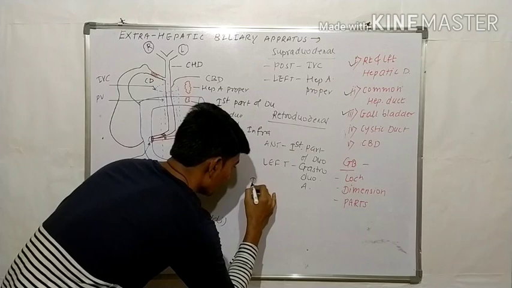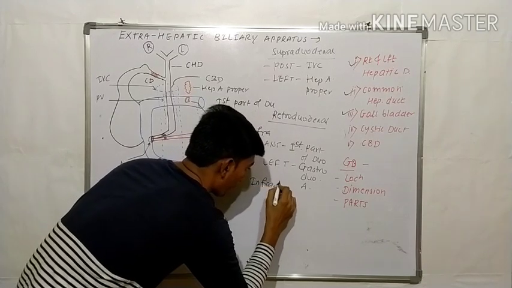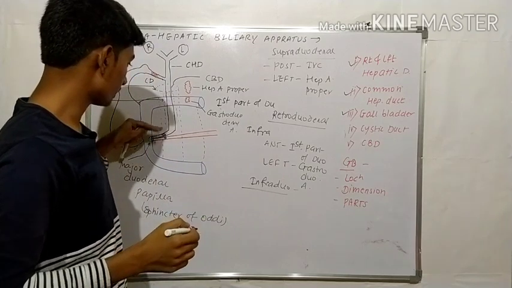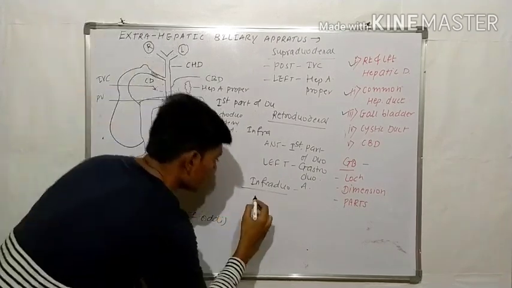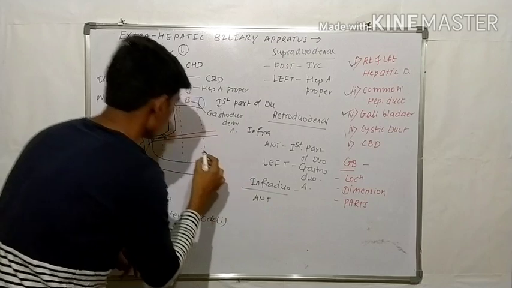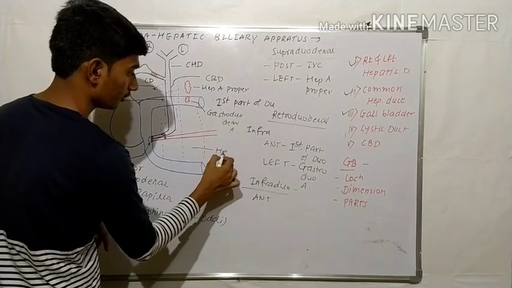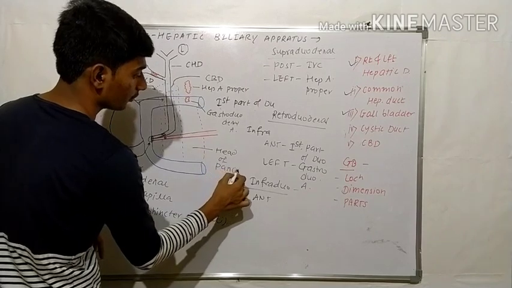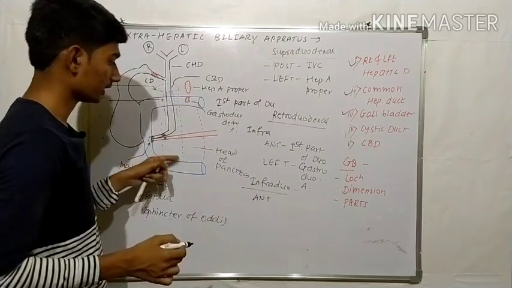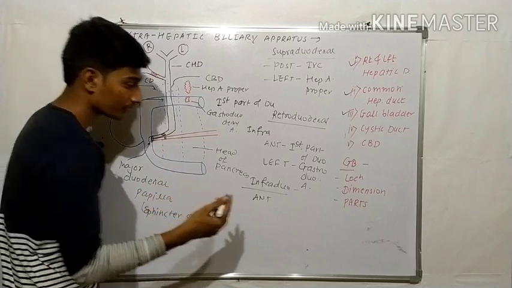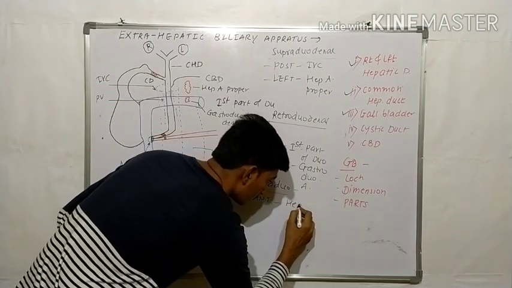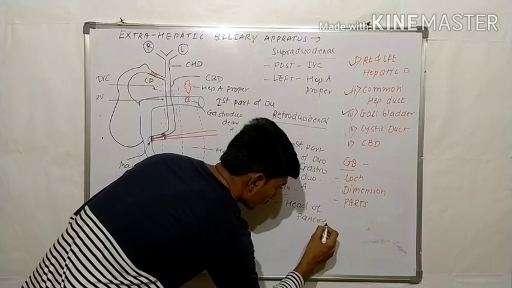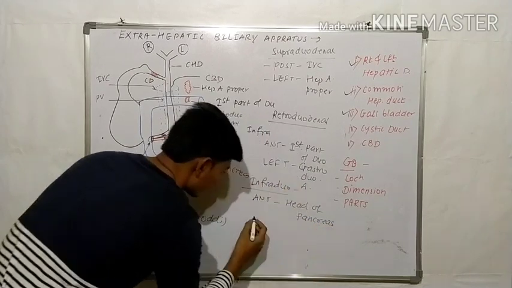And the infraduodenal part. Anteriorly, this structure is the head of the pancreas. Within the C-shaped concavity of the duodenum, there is the head of the pancreas.